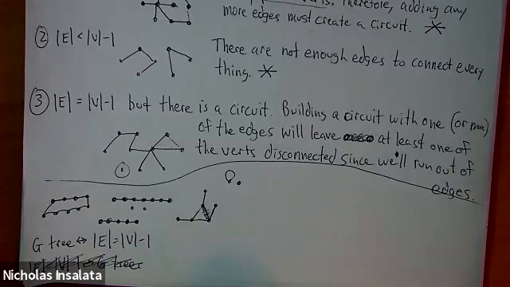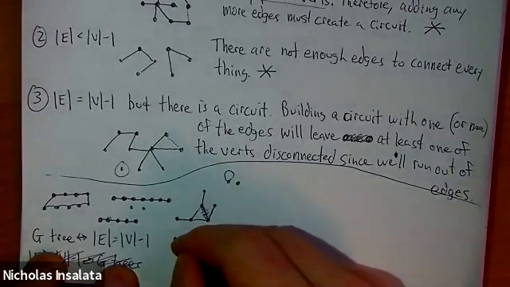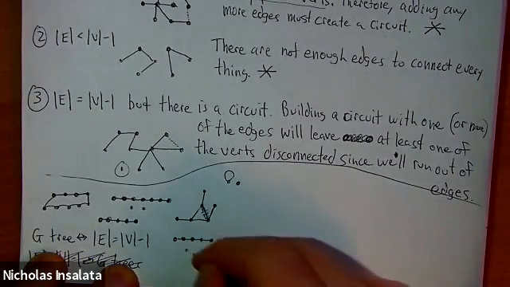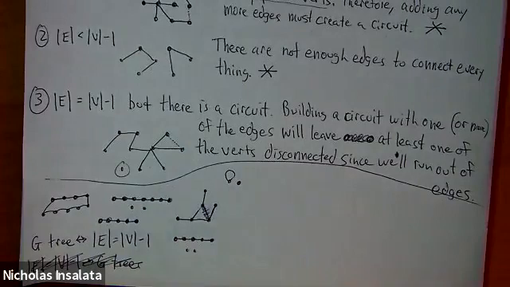So one more time, that was circuit-free, 7 vertices, 4 edges. Yep, just a line with 2 disconnected. So 1, 2, 3, 4, 5, and 2 more, right?